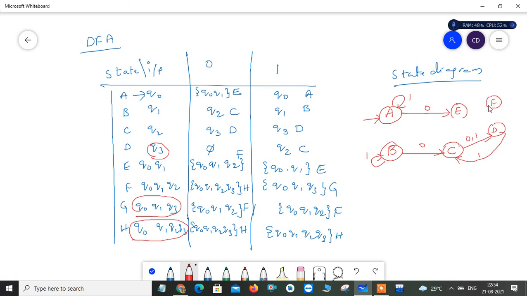See, here F I can take. From E, if my input is 0, I can reach F. If it is 1, I'll be in the same state. So from F, I can reach H; my input is 0, I can reach H.